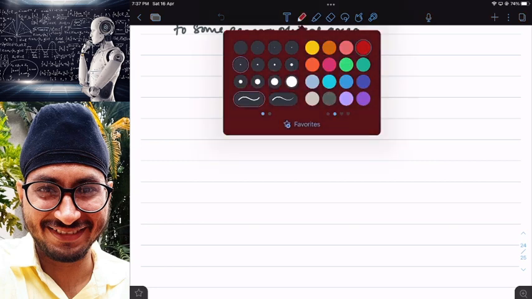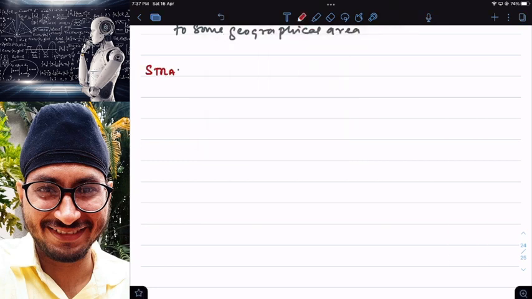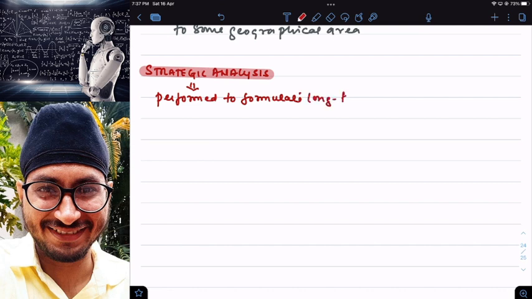I want to perform strategic analysis in my business. Strategic analysis is performed for what purpose? To formulate a long-term strategy. Short-term strategy is not there.